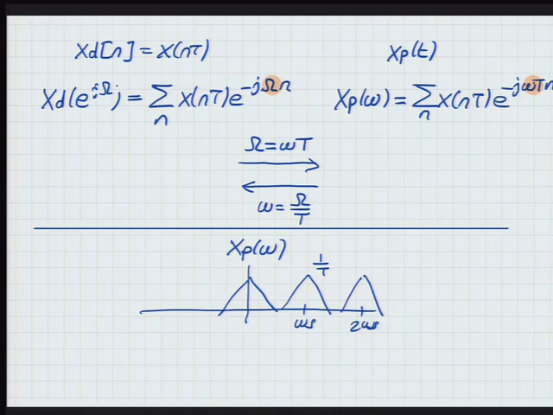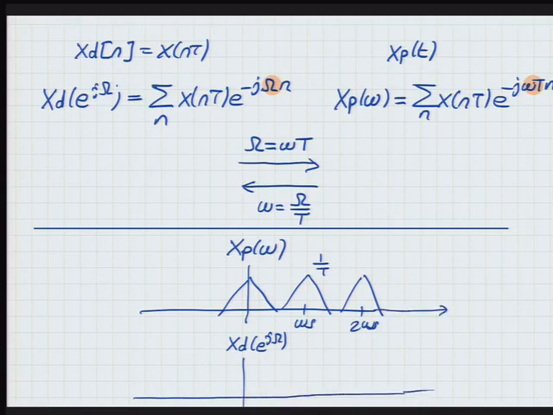And then what can I say about the DTFT? How can I make a picture of XD of e to the j omega? This is little omega, this is big omega. So what will it look like?